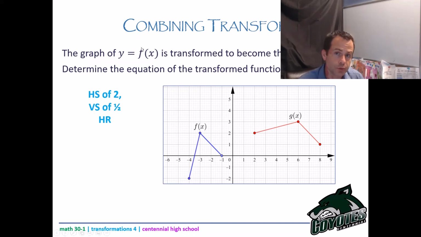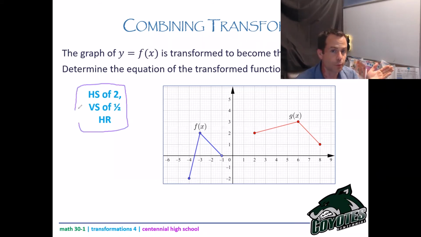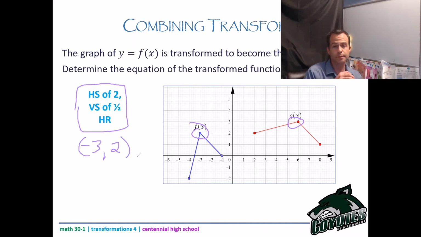Now what I do is I pick a point and I want to see if all I did was this, where would that point go? Okay, so I'm going to pick the point -3, 1, because I'm really, really confident that that -3, 1 is going to turn into 6, 3, right? If I just applied those 3 items to the point -3, 2, sorry, I think earlier I might have said -3, 1.